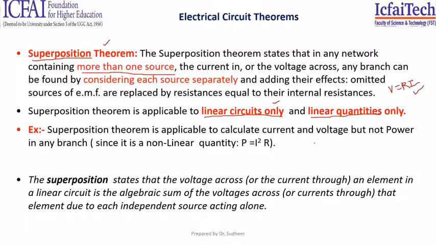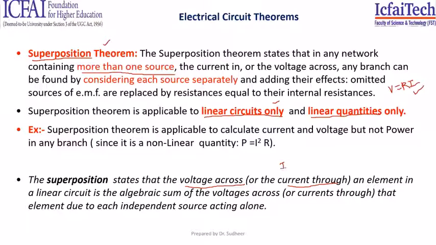The same applies in the superposition theorem. If you want to find the voltage across a circuit or the current through a particular element, consider each voltage source or current source at a time and find its contribution towards the current or voltage. If there are three voltage sources in a circuit, first we consider only one source, replacing the other sources with their equivalent internal resistance, and calculate I dash.